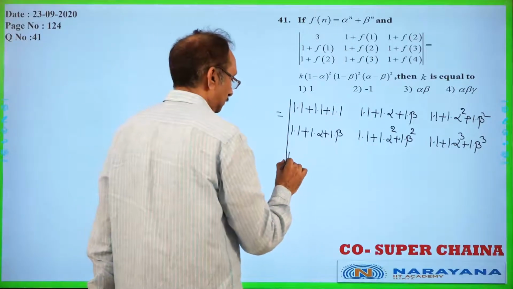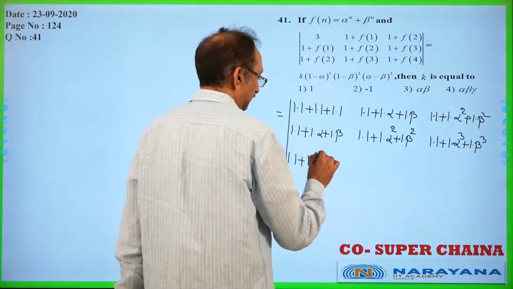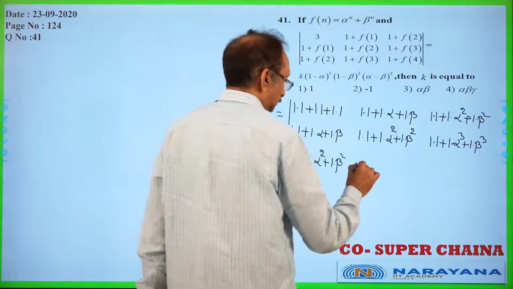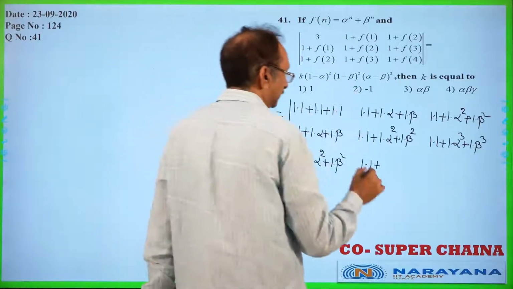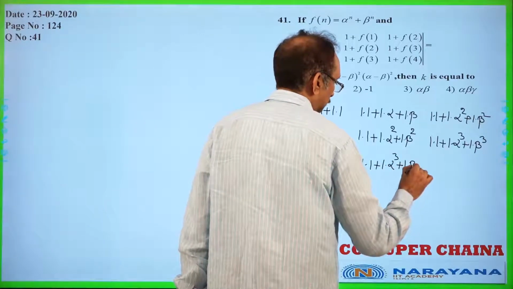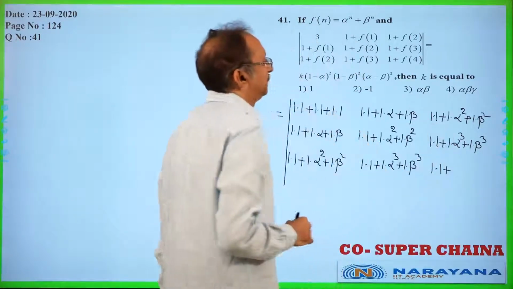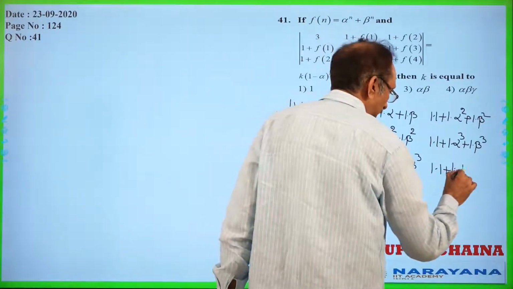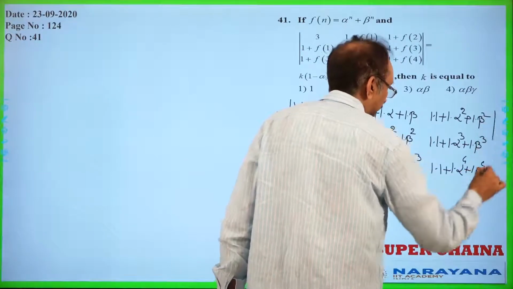This one, 1 into 1 plus f of 2, 1 into alpha square plus 1 into beta square. So 1 into 1, see I am writing 1 as 1 into 1. And what is f of 3? 1 into alpha cube plus 1 into beta cube. And finally 1 into 1, alpha power 4 plus beta power 4. So alpha power 4 as 1 into alpha power 4 plus 1 into beta power 4.